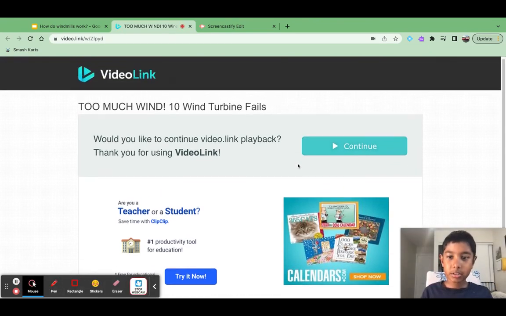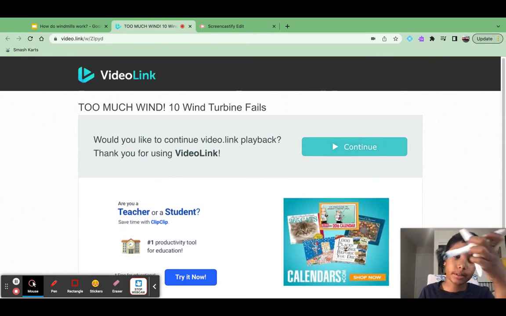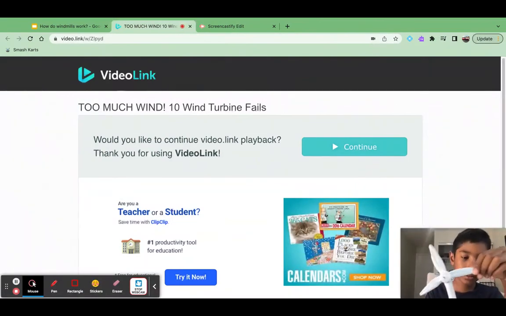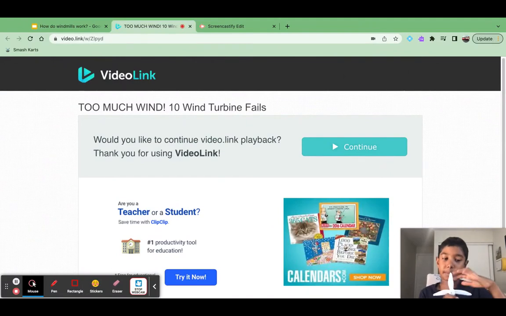It says actually wind turbines can also be a bit dangerous, as you can see. You know like how they spin? Sometimes if there's too much wind, they can't stop. But they have a brake. So if it spins too fast like crazy, they'll start to slow down a bit. If that doesn't work, then that's a problem. So let me show you 10 wind turbine fails.